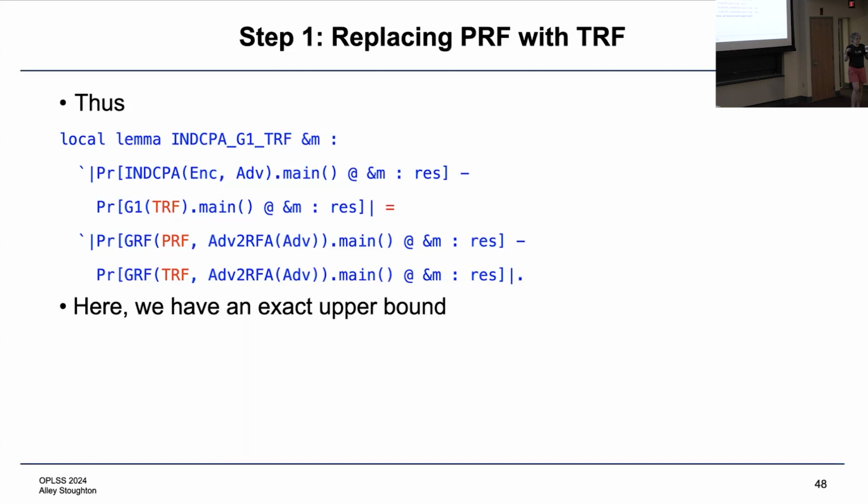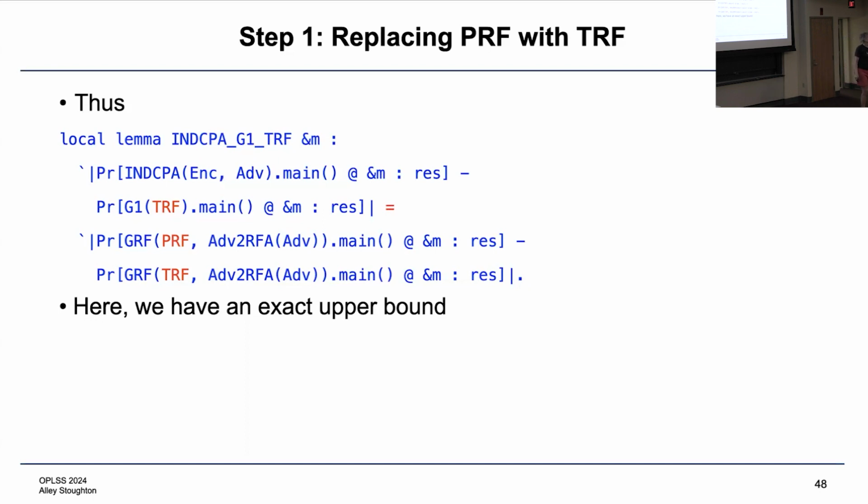And so we made a step where we wanted to get rid of the PRF because we don't understand it and get to this true randomness. The cost of that step is this bound here, which might be small, might be big. I mean, how much work does AV to RFA do? Well, it's really a function of how much AV does, because that's what's driving it. And so if we assume that the real symmetric encryption adversary is well behaved, then maybe we think that this bound is okay.